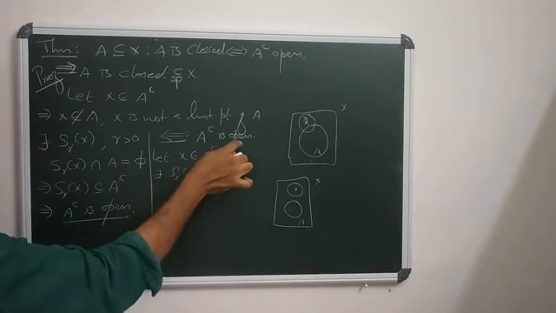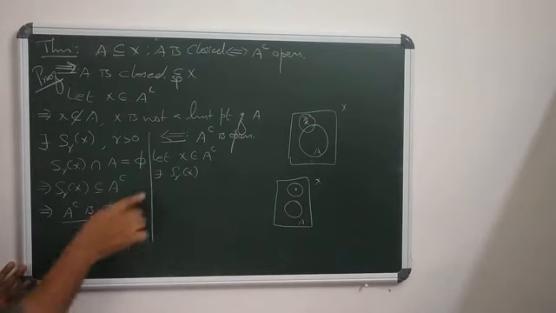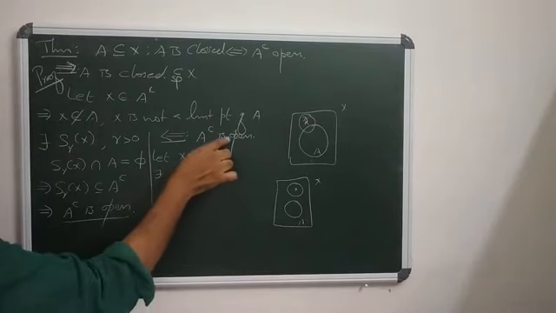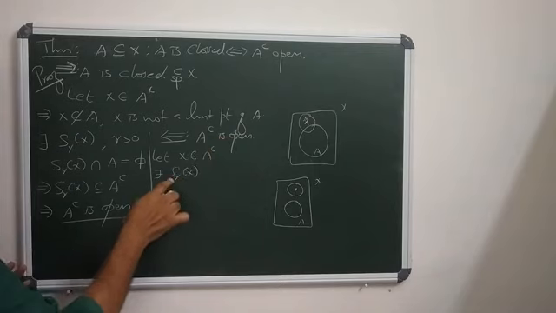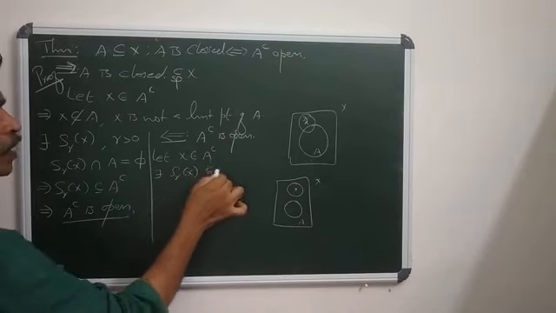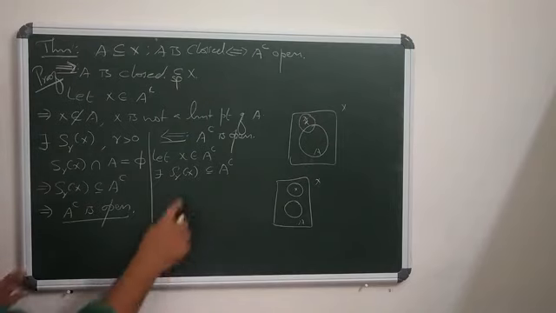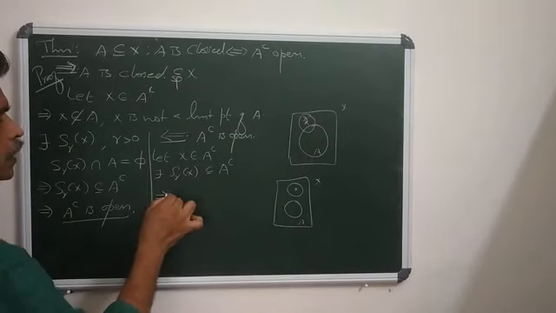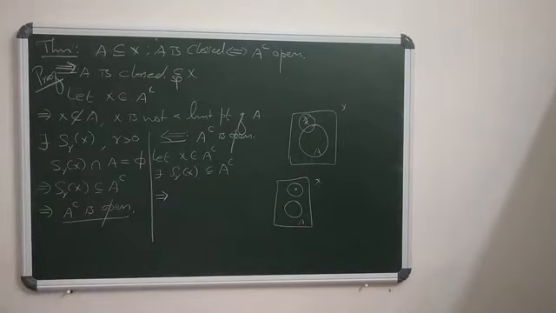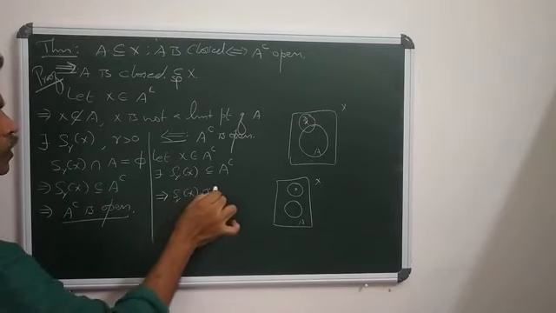Our assumption is A complement is open. Then let X fall in A complement. Since A complement is open, there exists an open sphere centered at X having radius R, which is a part of A complement. Why? Because of the condition of open. S_R(X) is a part of A complement, which means this open sphere intersection A is empty.